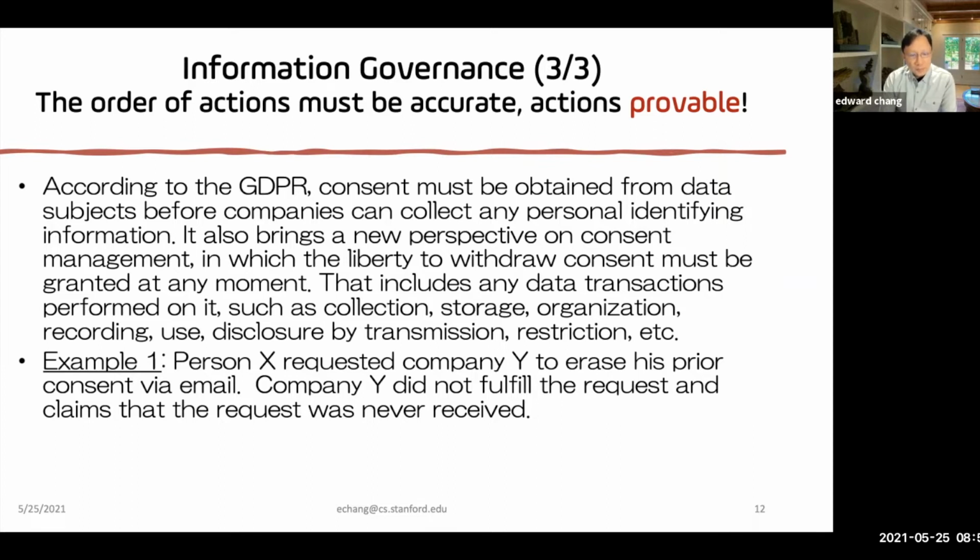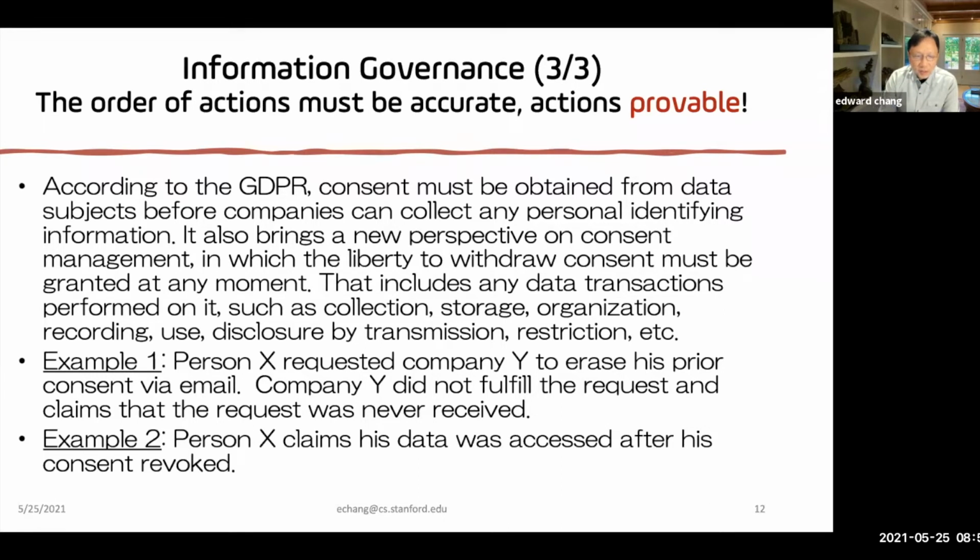To give you an example, say person X requested company Y to erase his or her private consent via email, and company Y did not fulfill the request, but they claim that they have done it, right? So you say, okay, erase my data. I say, oh, I did it, but actually they did not. So how can you prove it? And you can get into this he-says-she-says situation.